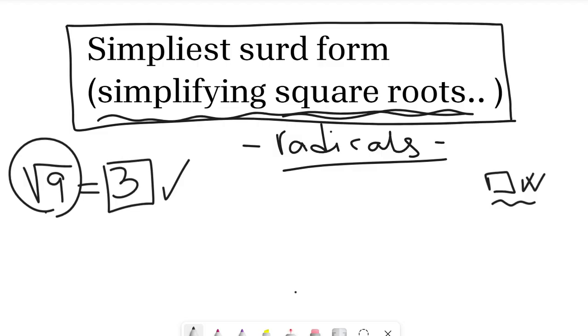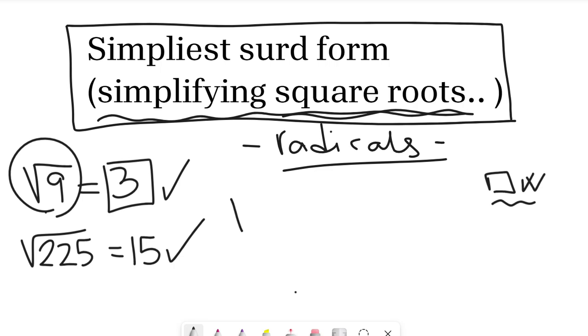Or if we say, for example, square root of 225, we know that it's equal to, what multiplied by what will give us 225? 15 times 15. So it means 15 is the square root of 225. Another important thing, we said that if we have, let's say, square root of 0.36.